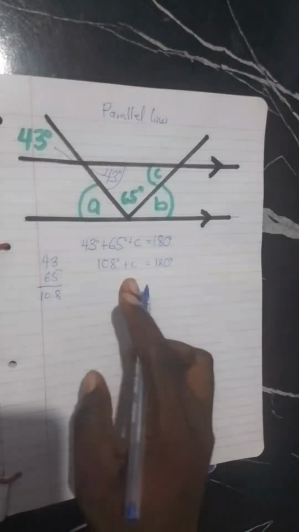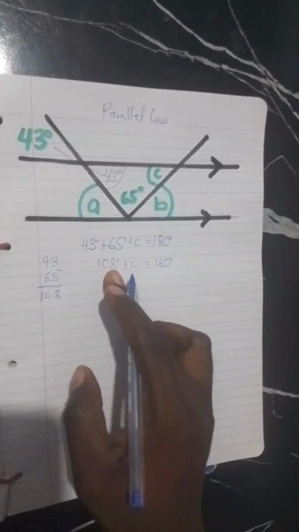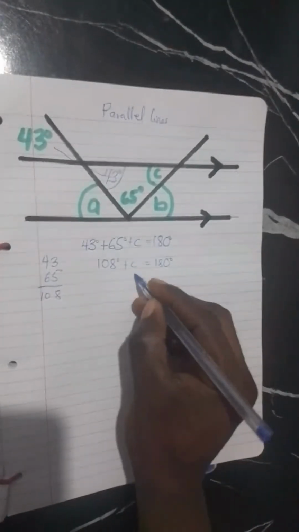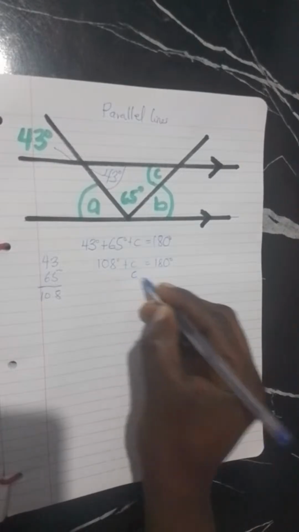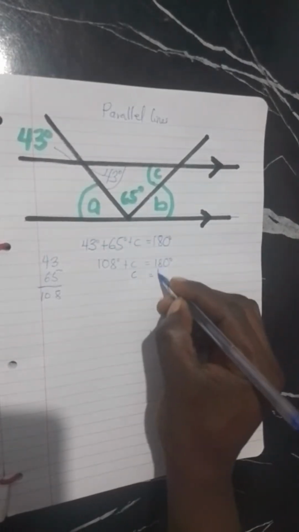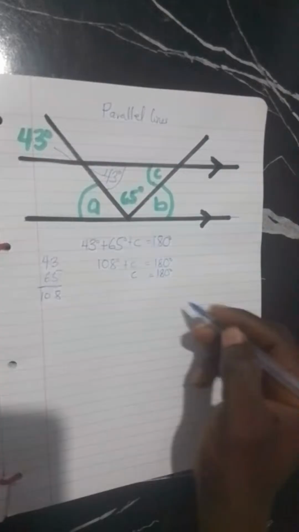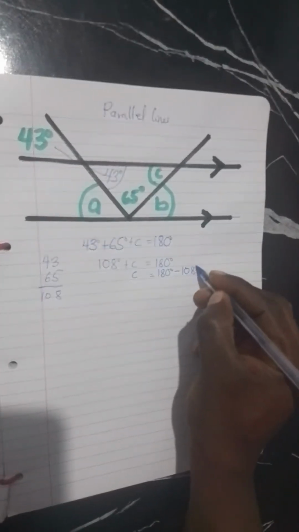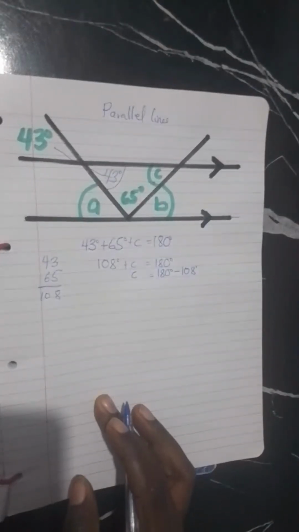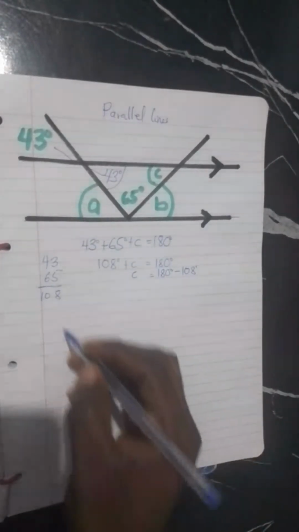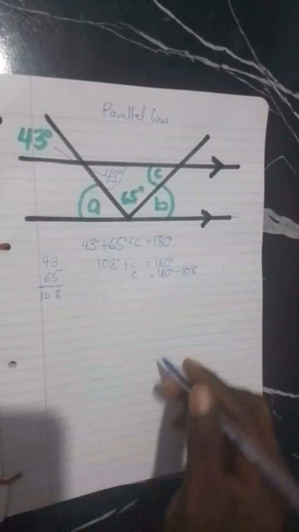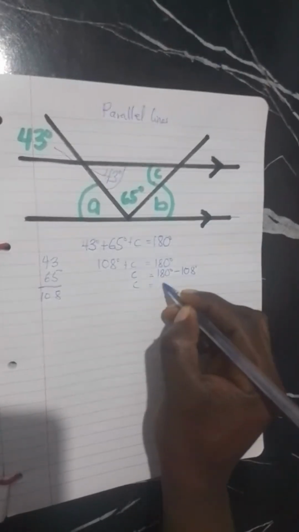Right. So now you need to transfer 108 to the other side of the equal sign. So you leave the C here. So C is 180 degrees minus 108 degrees. So 180 minus 108 is 72 degrees.